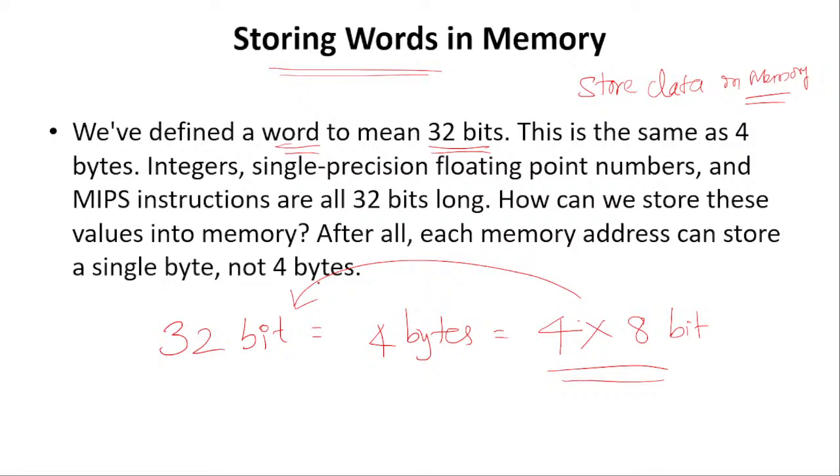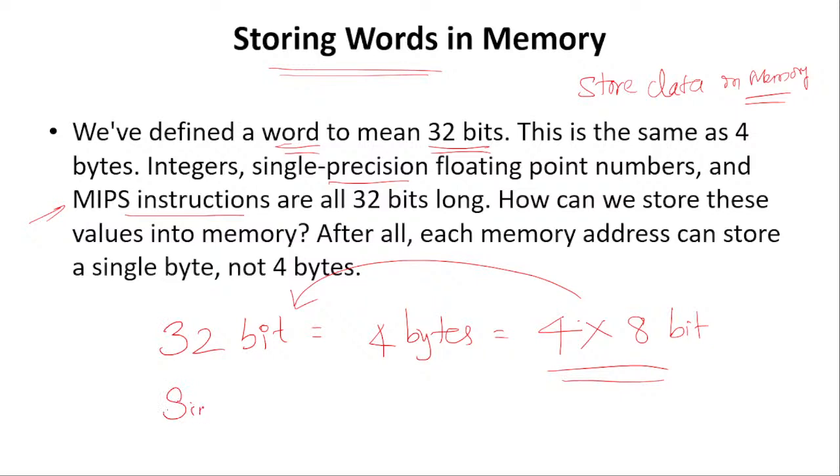So big endian and little endian mean how we can store the data. 32 bits means 4 bytes. Integers, single precision floating point numbers, and MIPS instructions are 32 bits long. How can we store these values in memory?